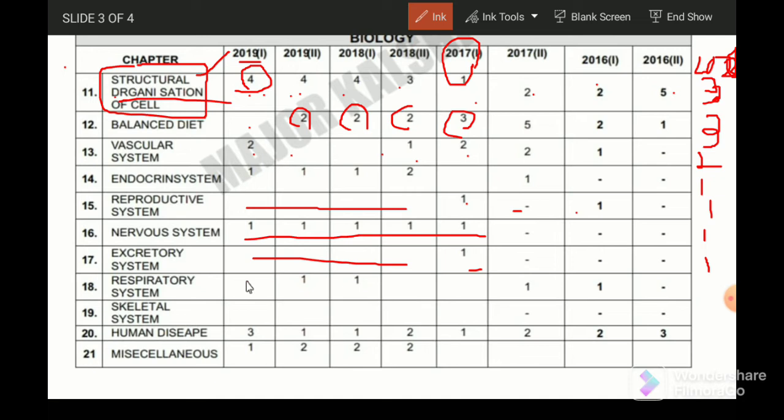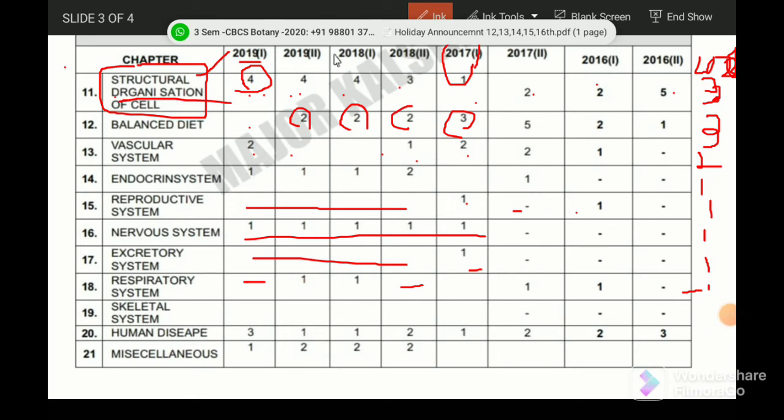Then respiration, 2019 first paper did not have, and then 2018 second paper did not have, and then like at least, okay, if you see the trend, that means respiration एक साल में एक क्वेश्चन तो ज़रूर आएगा. So who knows if they give it in your question paper. So let us take over here 1.